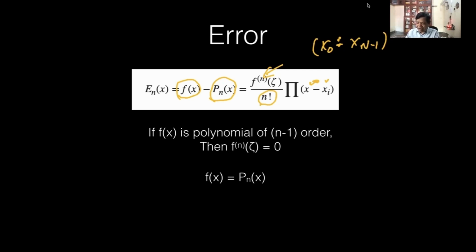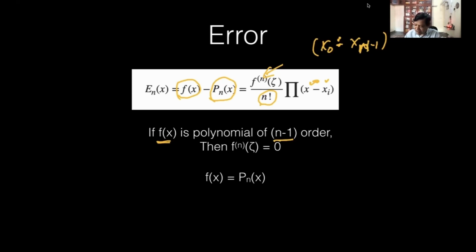Now you can derive interesting stuff with that. One important result: if f(x) is a polynomial of degree n minus 1. So remember we have n points, small n. So imagine that this function f(x) is some polynomial, but of degree 1 less than the number of data points.